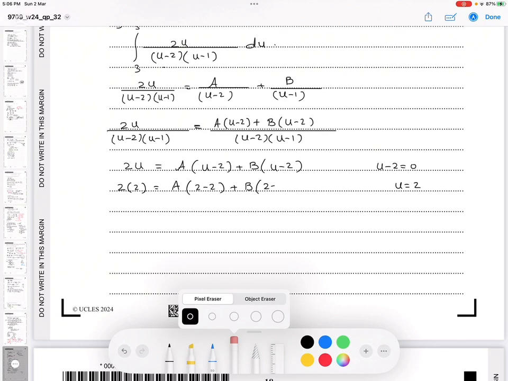This is u minus 1 here, by mistake I had written that.